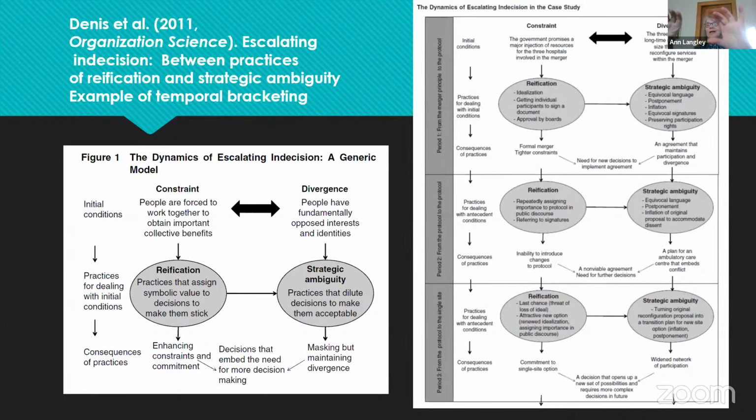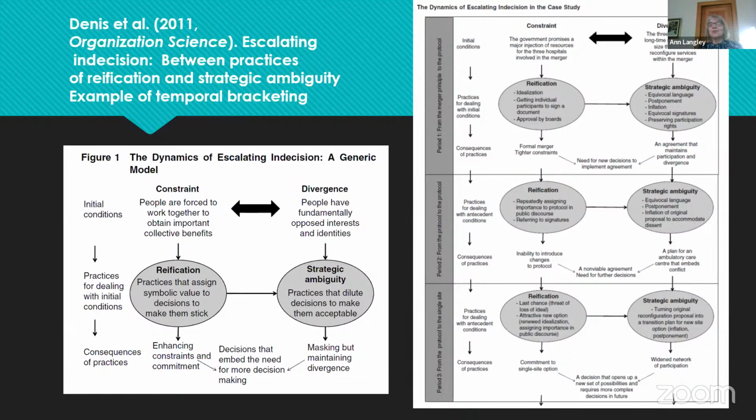So here are the 3 different stages. So this is temporal bracketing. What we showed was they went through a process, it produced ambiguity, therefore we had to start all over again. And so this is a kind of a temporal bracketing of a process over time. And this was very helpful in helping us to understand this process. And the title of the paper is Escalating Indecision.